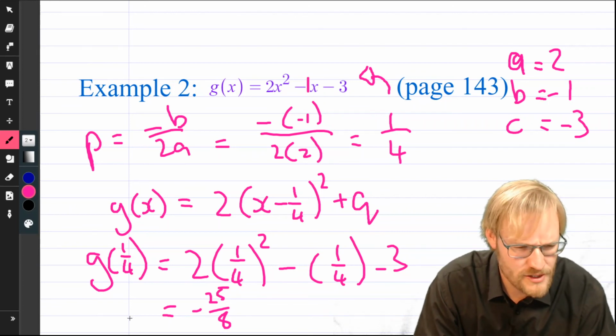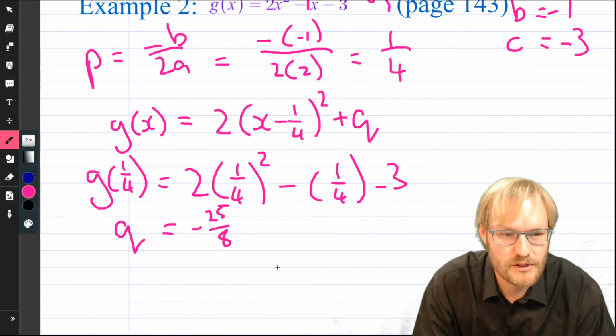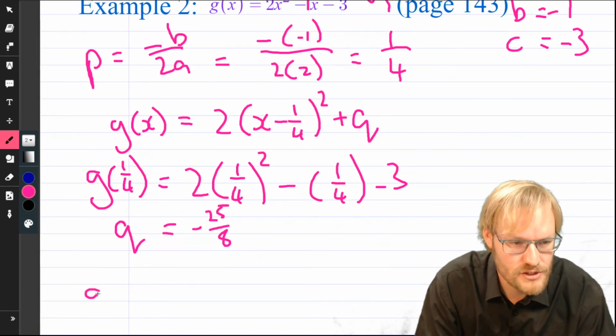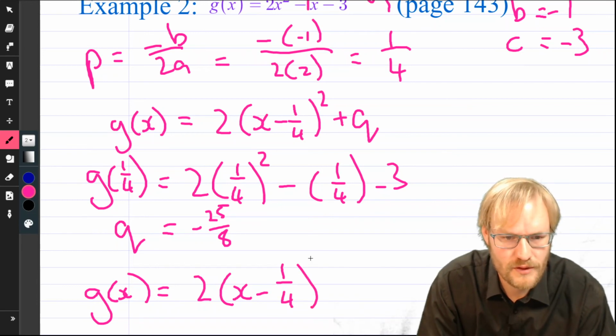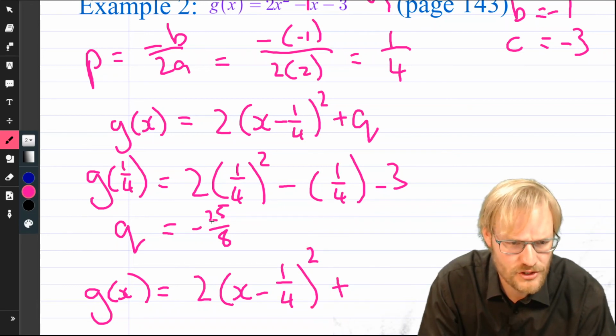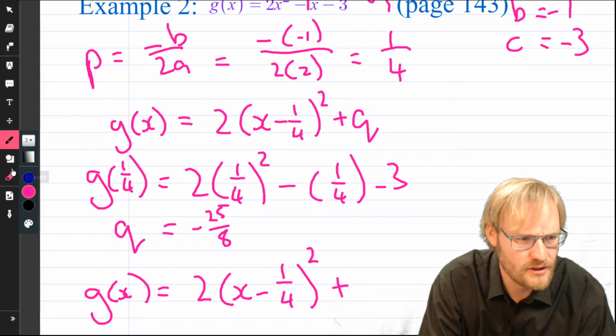What were we working out here? Oh yeah, this was our q value we were working out. So let's put that in. g of x equals a, 2, times x minus p, we worked that out to start with, a quarter, squared plus what was q? Negative 25 over 8.